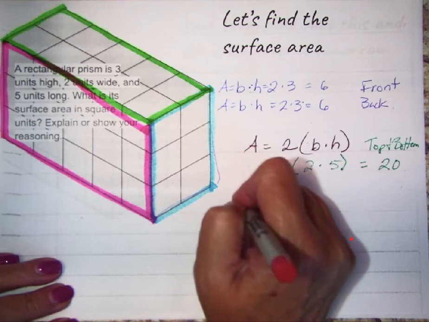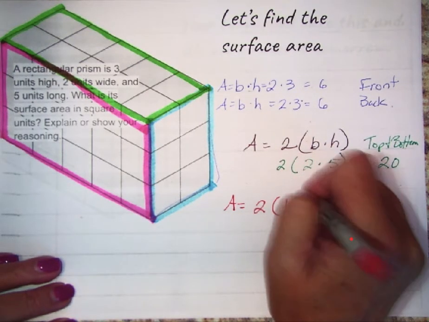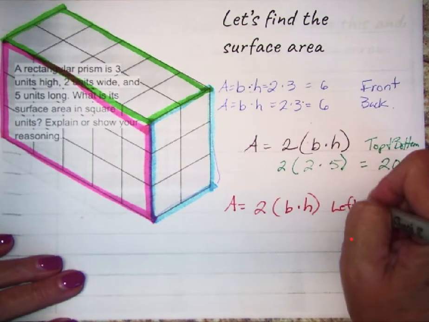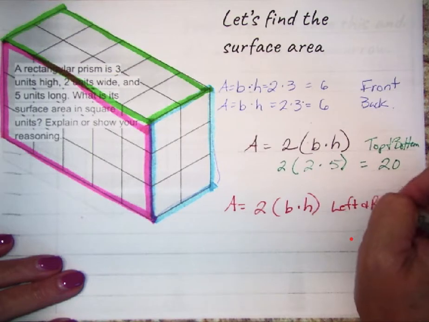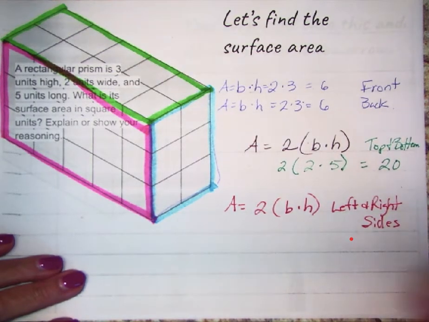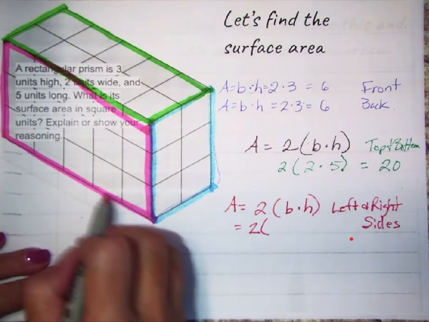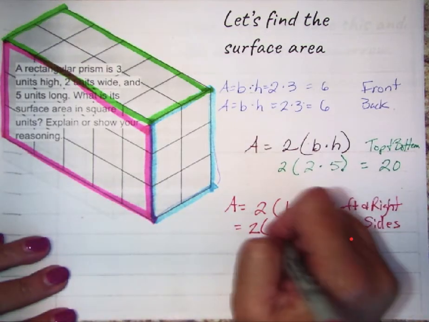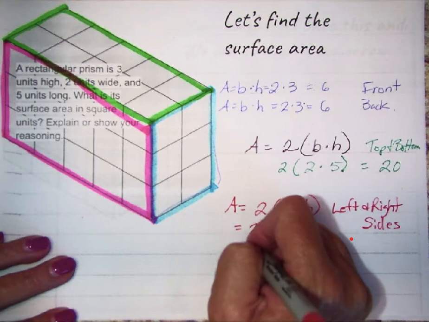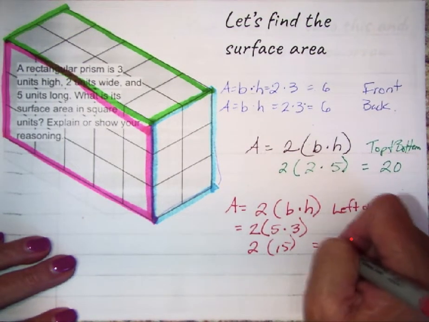Area equals 2 times base times height, and this time we're working on the left and right sides. So 2 times base, 1, 2, 3, 4, 5. Height is 3. So that's going to be 2 times 15, which is 30.